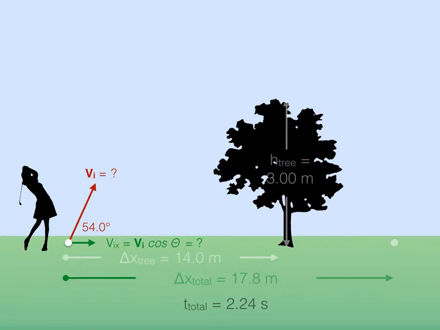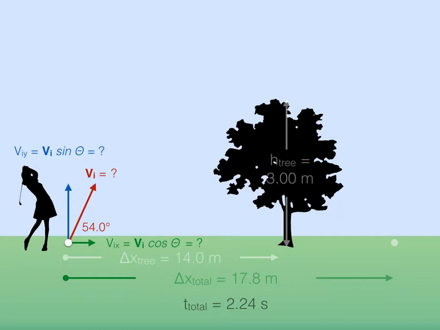While we're at it, let's write that the initial velocity in the y direction is vi sine theta. That'll be helpful a little later on. Both of those can be found if we know what vi is, but we don't know vi yet. But let's use what we know about the x direction to solve for that.